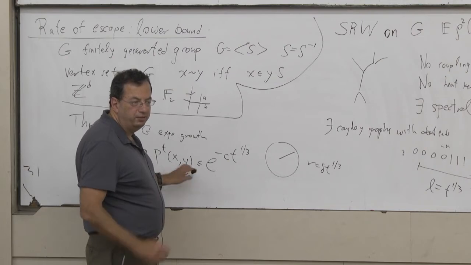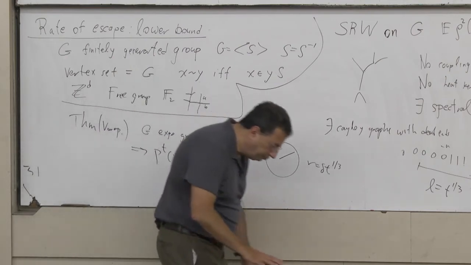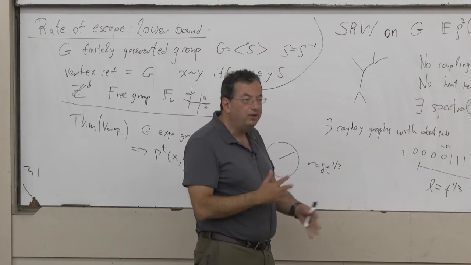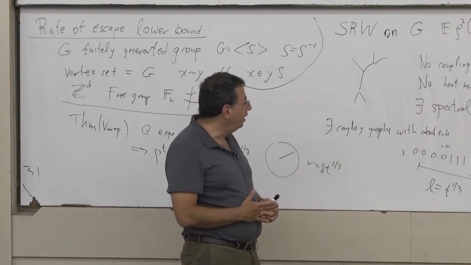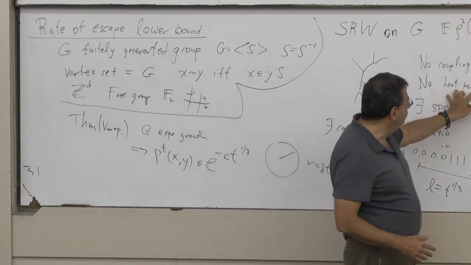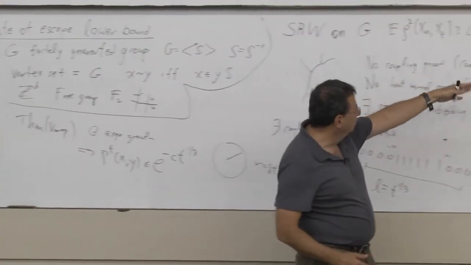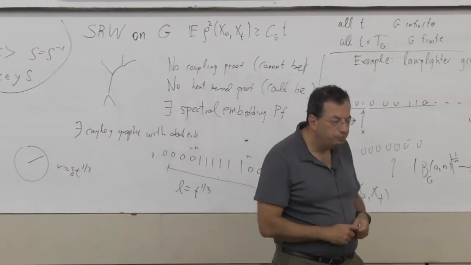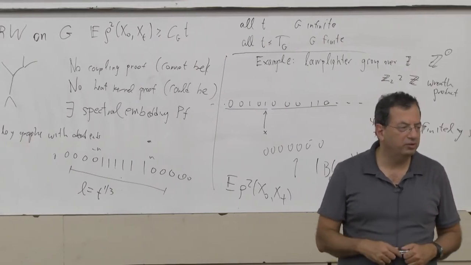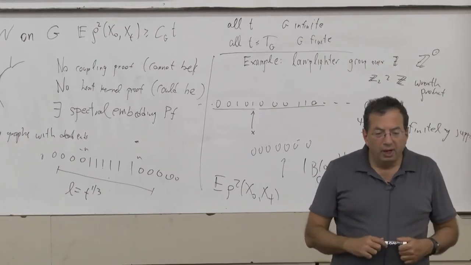But you expect that if y is far enough from x, you should be able to prove a better bound. There are some improvements like that, but they're not good enough. And there's no heat kernel proof that gives something better than this t to the 2/3 in general. In specific examples, heat kernels can give you a lot of information, but in general, no.